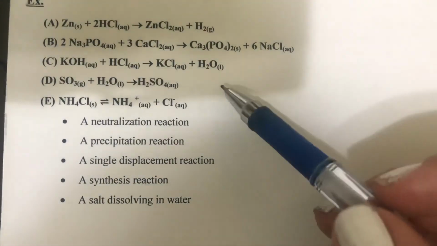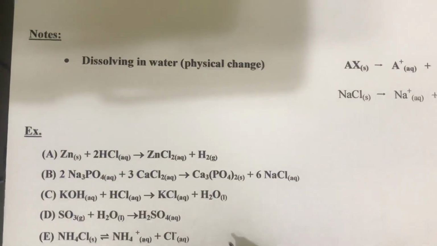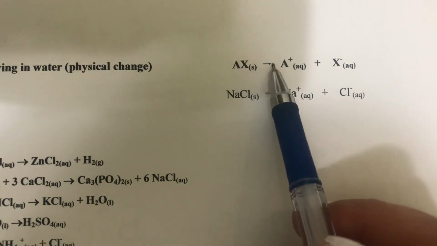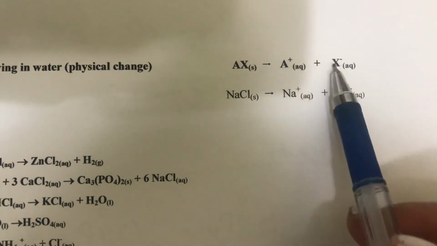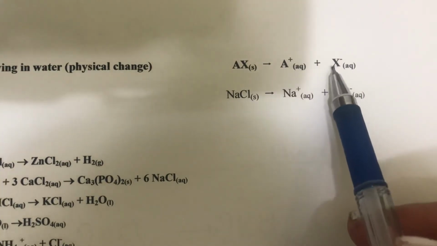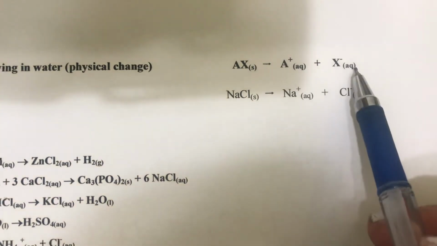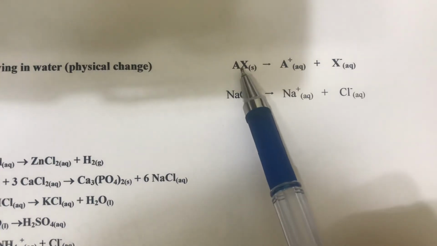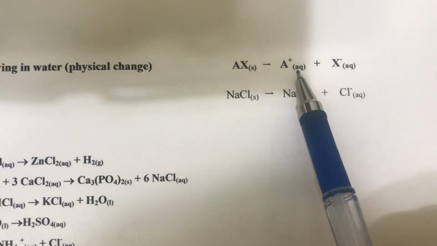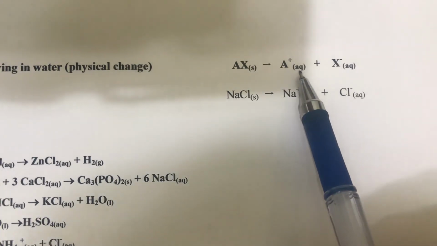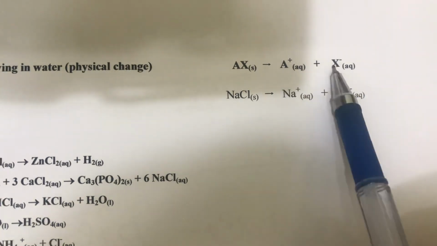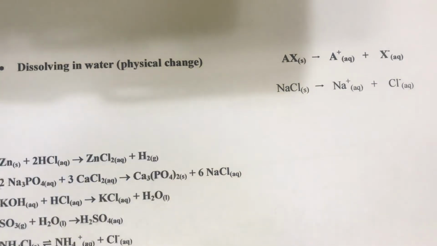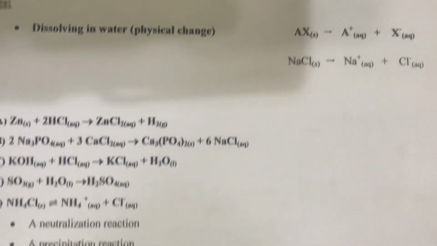But before this question, you have to know that if you have a solid substance that decomposes to ions, this means it is not a decomposition reaction, because by the rule of decomposition reactions, one reactant decomposes to simpler substances, neutral, not ions. So this process is called dissolving in water. Now here you have the question.